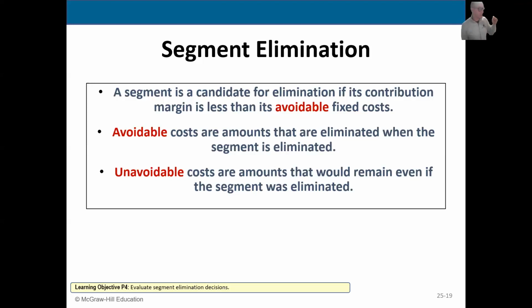These are costs that continue even if we stop making that product. An example of that would be things like depreciation expense on the equipment. It's still going to be there even if I'm not making the product anymore. Or the rent for the building, still there. These are unavoidable costs.